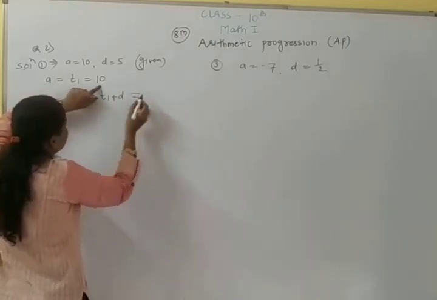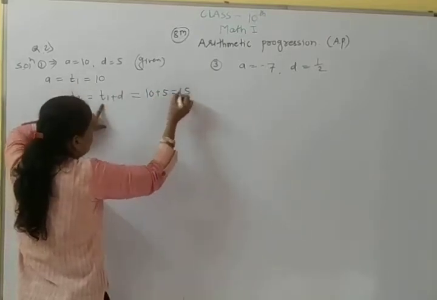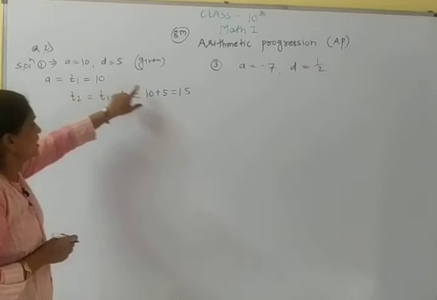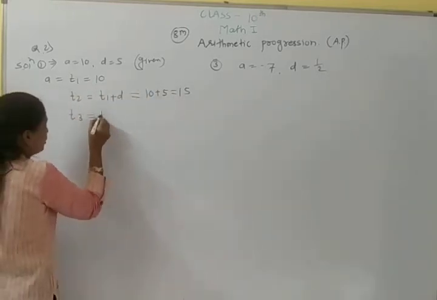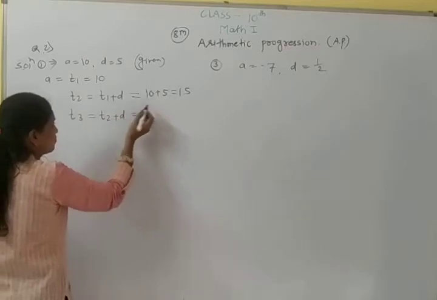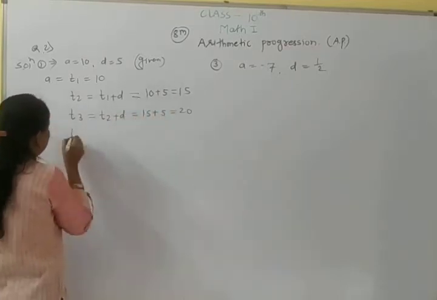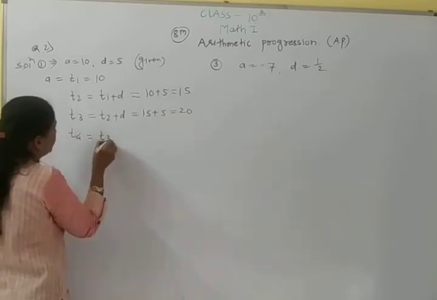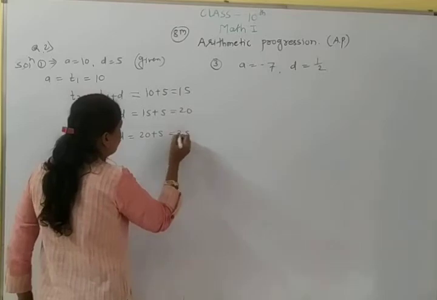Here T1 is 10 and difference is 5. So 10 plus 5 equal to 15. Means first term is 10, second term is 15. Again find T3. So T2 plus D, 15 plus 5 equal to 20. T4 equal to T3 plus D, means 20 plus 5 equal to 25.